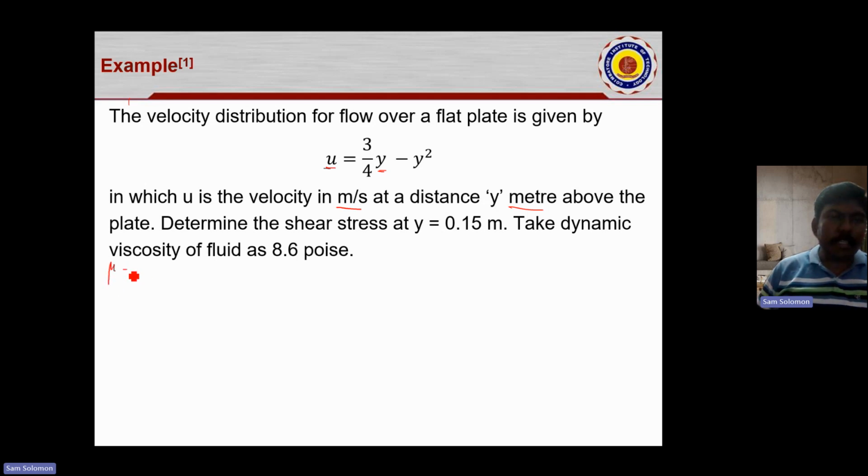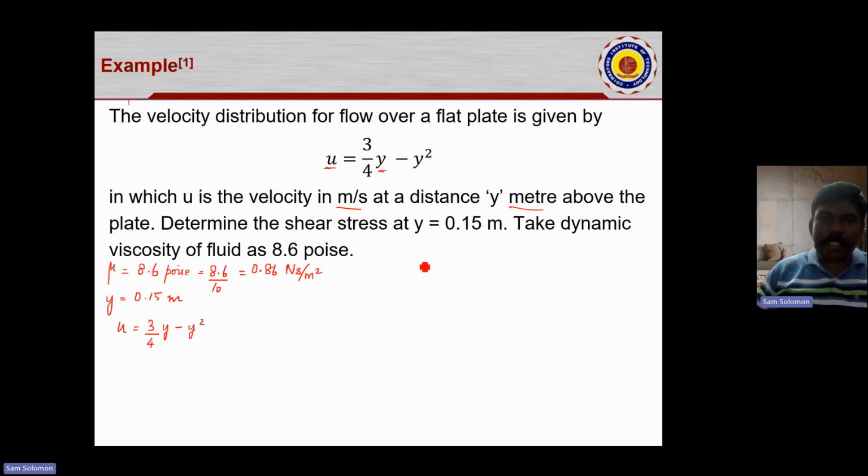So mu is 8.6 poise. So if we divide it by 10, we are going to get this as 0.86 Newton second per meter squared. And the distance is given as 0.15 meter. And then there is a relationship u equal to 3 by 4y minus y squared.